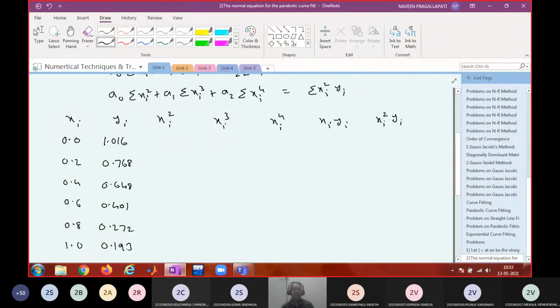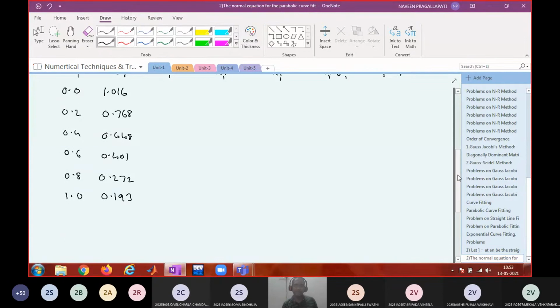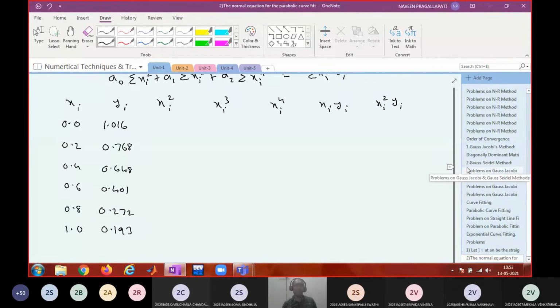You may fix the number of decimals to 4 because when you take up to x power 4, the decimals will be more. So you just round off to 4 decimals. Fix the number of decimals to 4 and write down the calculated values. Take your time, but do it accurately.